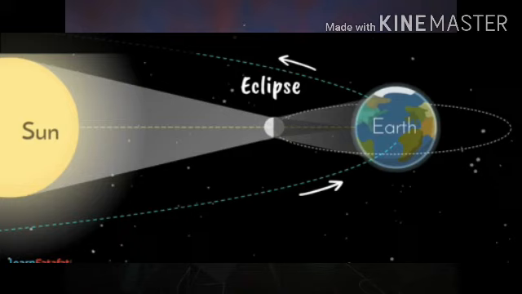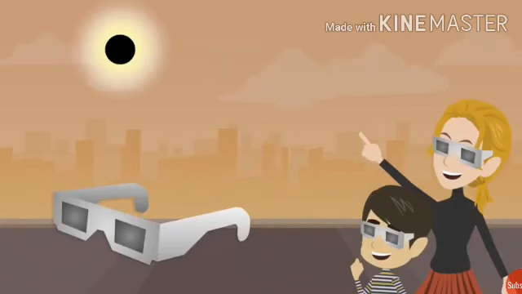There are some precautions that we should take while observing a solar eclipse. We should not see the eclipse with our naked eyes. It is necessary to see the sun disk through dark glasses or special goggles made for that purpose.